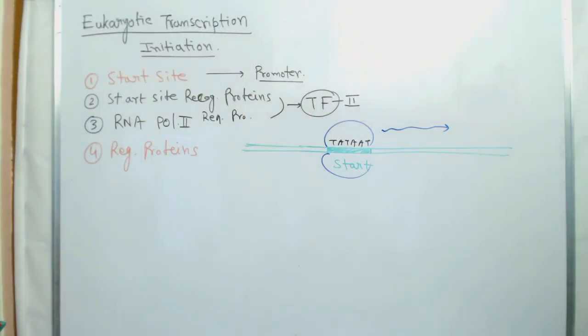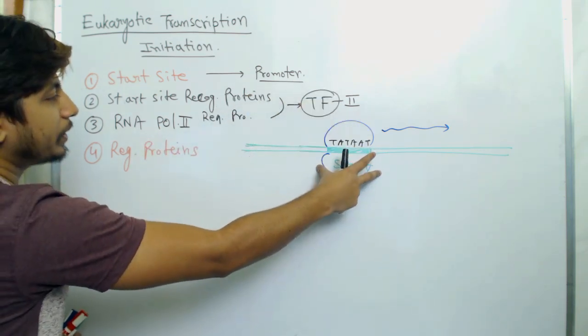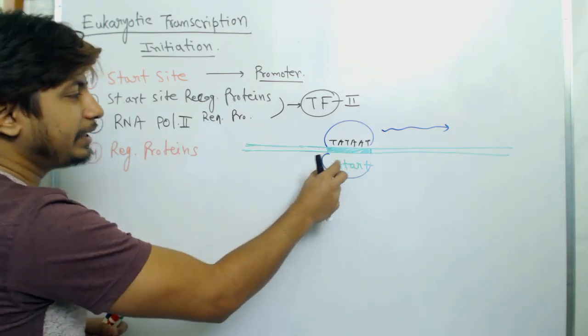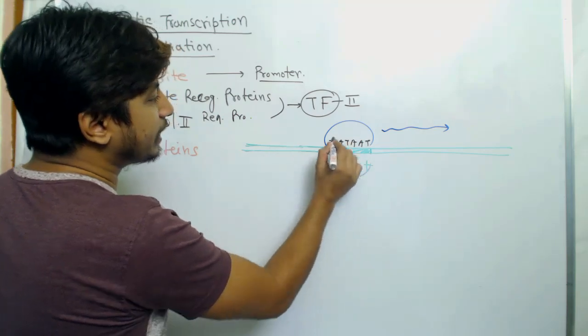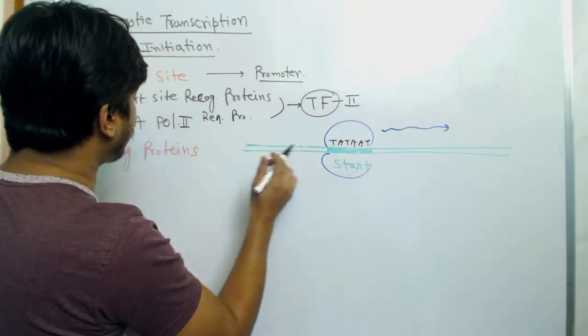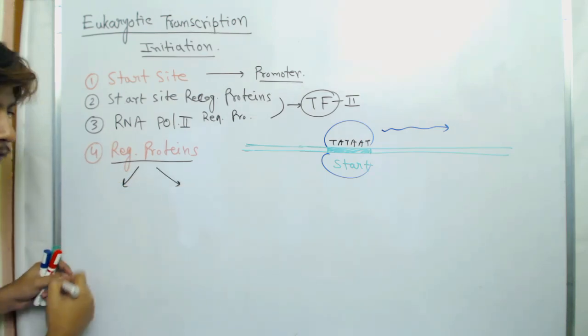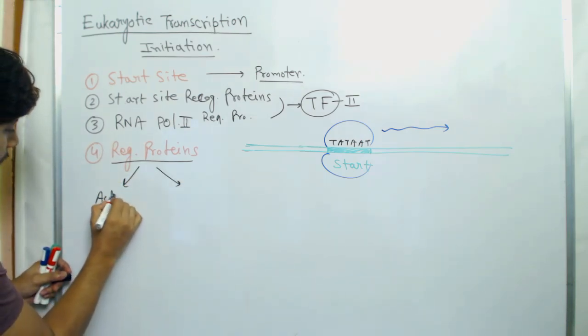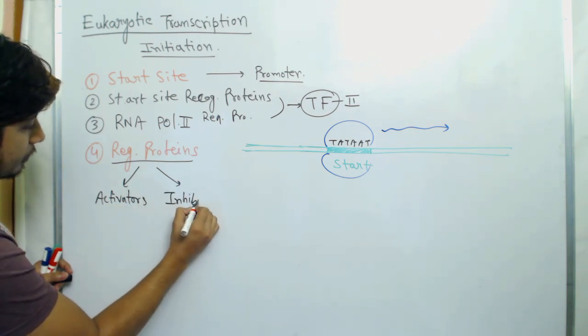So now what we are seeing is that once TFs help the polymerase to be recruited, then they need a positive or negative signal. That positive or negative signal to the polymerase will be provided by these regulatory proteins. And we can divide them into two different parts, activators and inhibitors.